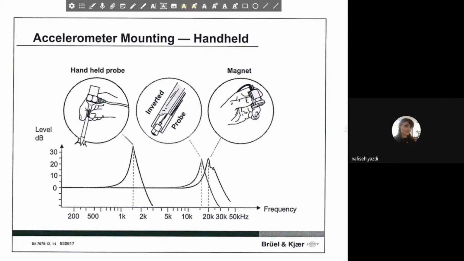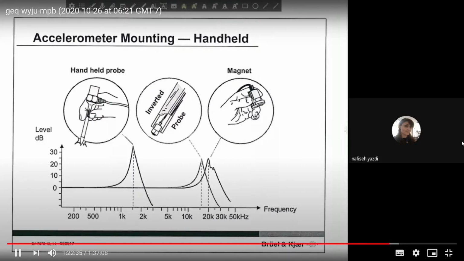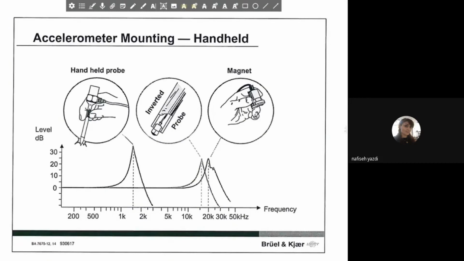But if you're using, for example, steel alloy-based material, then you can use that. The effect on the frequency response function is the one that is shown, but in the lower frequency range it could be used. Okay, thank you.